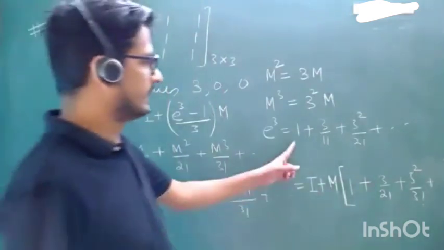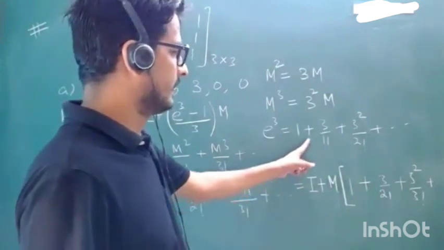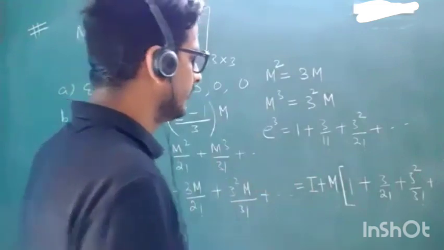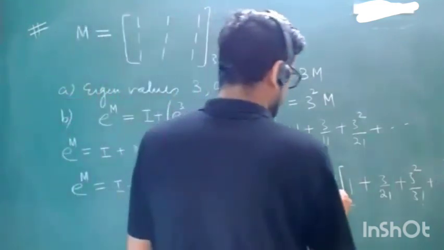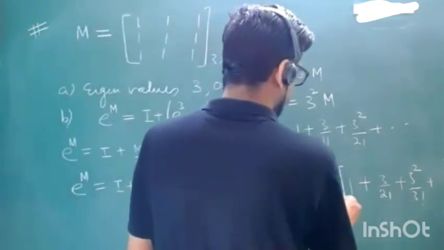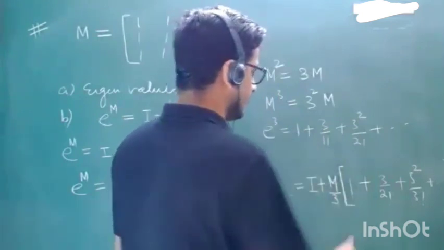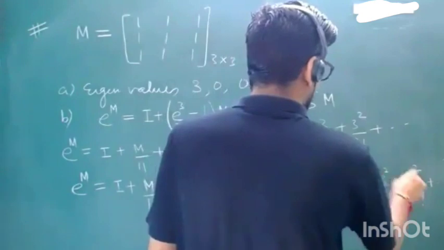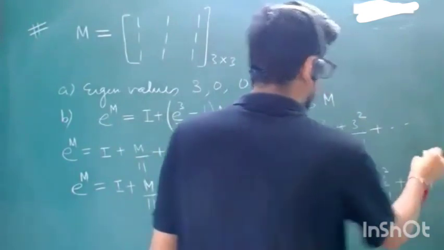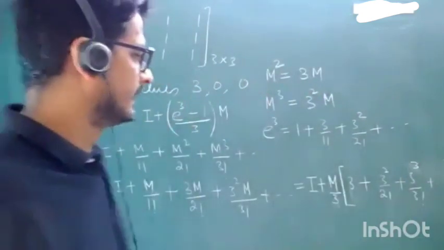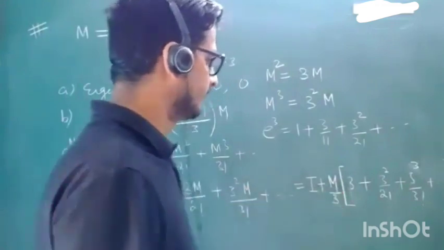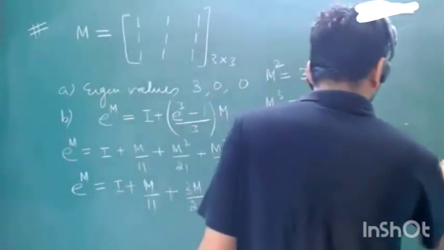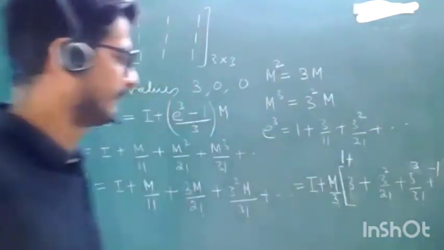So you want all these terms, 1 plus 3 upon 1 factorial, like that. So what I will do, I will just divide it by 3 and multiply it by 3. So I will get 3 here, then 3 square, then 3 cube, like that. But I want 1 also, so I will just write here 1 plus, and finally I will write 1 minus.